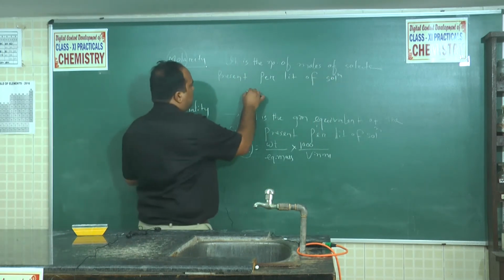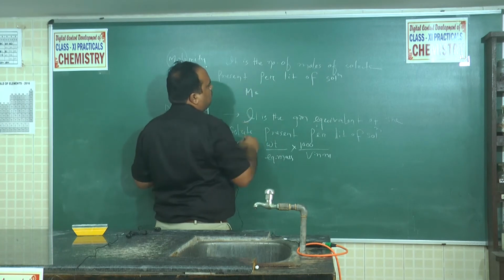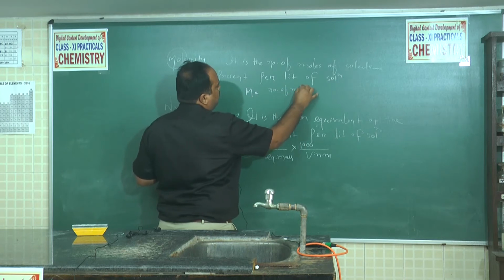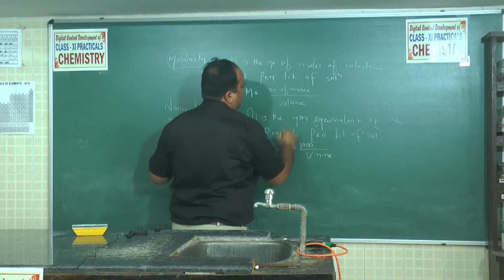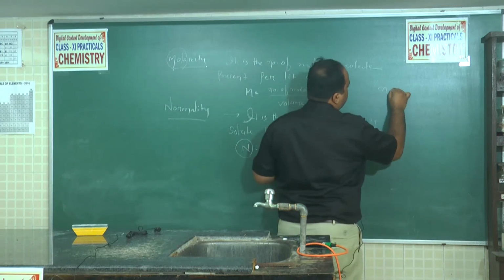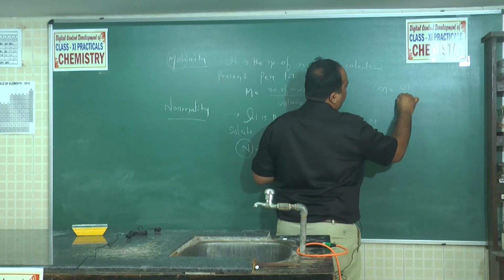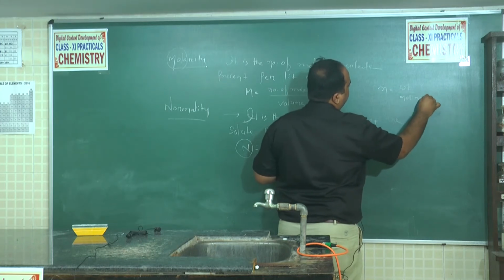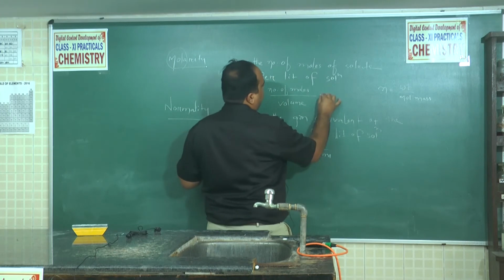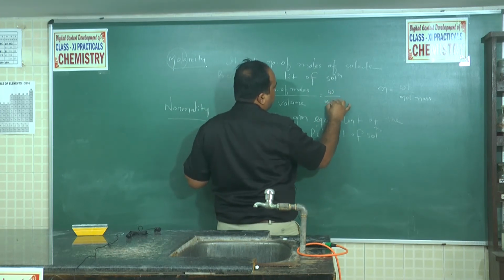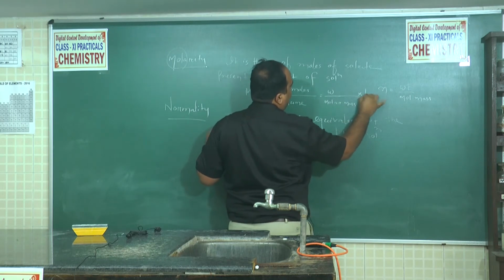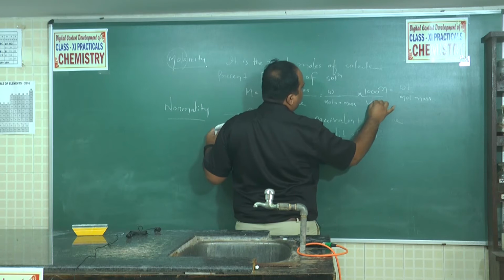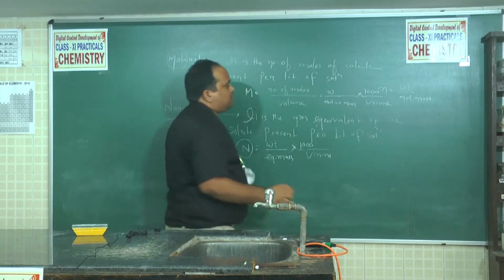What is the formula? Molarity is equal to the number of moles of solute per volume. The number of moles is given mass by molar mass. So I can write weight by molar mass, into 1 by V in liter, or 1000 by V in ml.